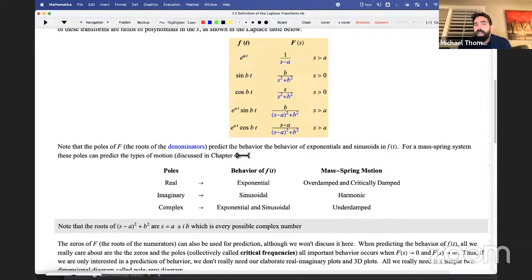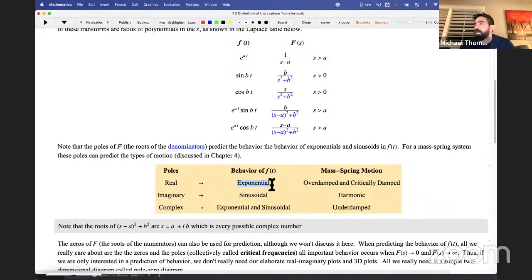So what's going to happen if your pole is a completely real number, which it is in this case, A is real, S equals A is real, then the motion of your system, whatever it is, is going to be exponential. So in terms of the mass spring system, if you go back and think about the different types, we had overdamped, critically damped, underdamped, and harmonic motion.